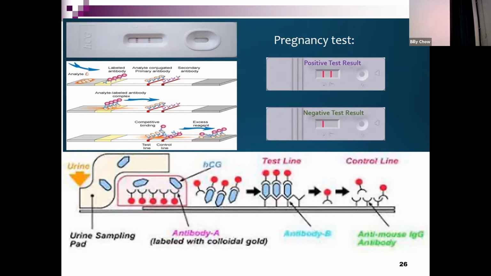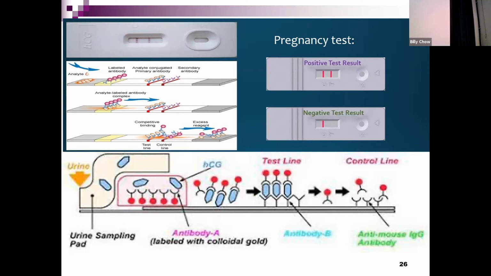So in this, you have also a control line where it is coated with an anti-mouse IgG antibody that can recognize the Fc region of this color antibody, so that you will need to see a red line here in the control line to make sure that if you see a red line in the test line, then this is really positive.